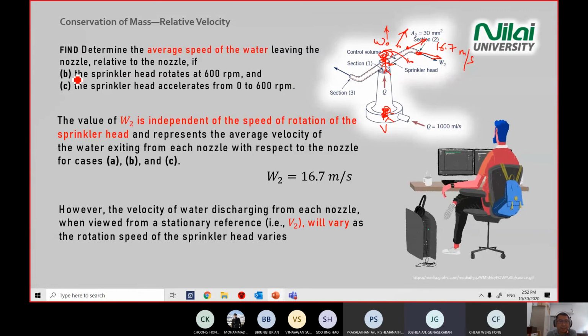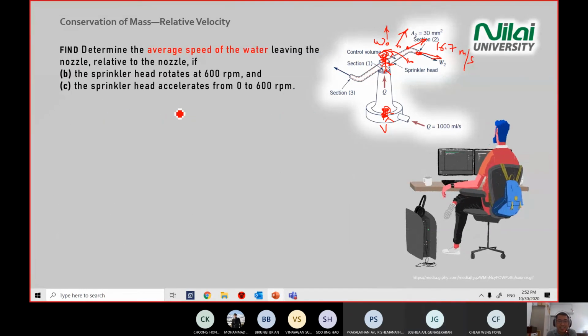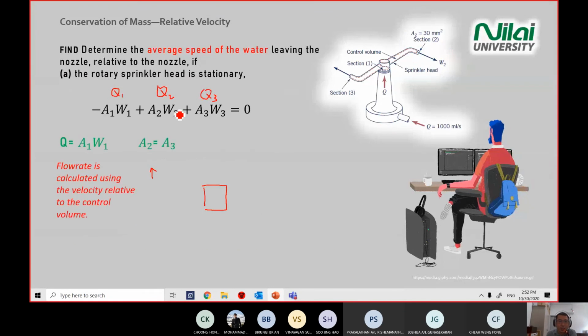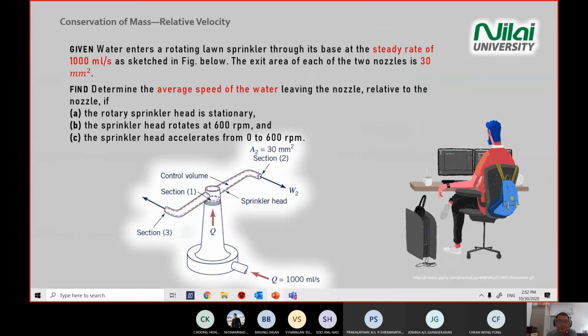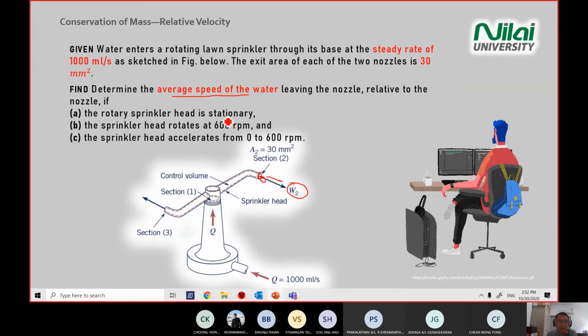No. Okay. So actually, it's just a trap question. If you look at the statement, what you need to find is the velocity from this head here. You want to find W2. The first one, you follow the procedure, you get 16.7 meters per second.